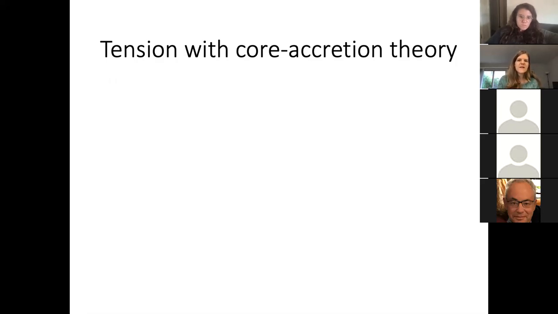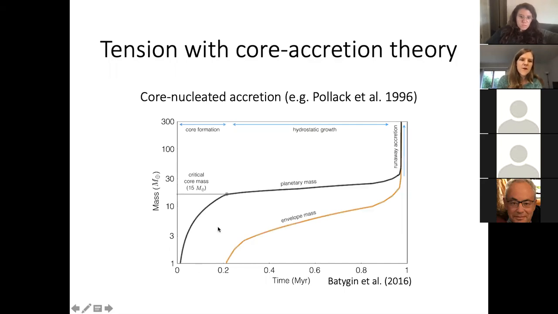So this theory holds that if a solid core forms before the dissipation of the protoplanetary disk, then this core will accrete gas from the disk at a rate set by the internal cooling. And when the mass in the envelope is roughly equal with the mass in the core, then the envelope hydrodynamically collapses under its own self-gravity and undergoes a phase of runaway gas accretion that transforms it into a Jovian-sized planet.